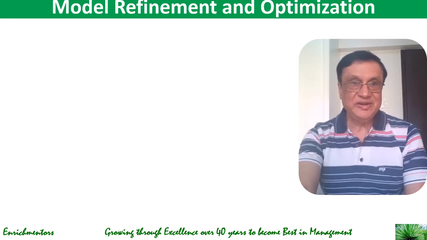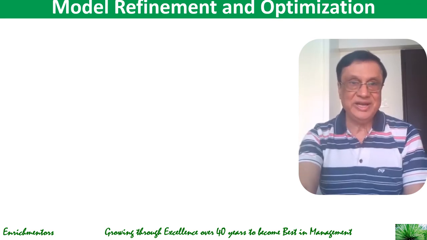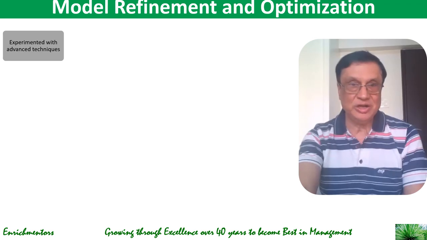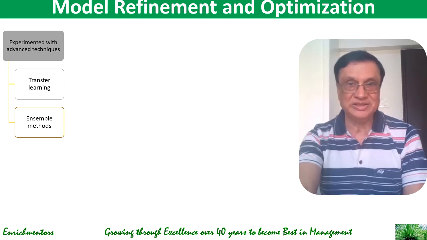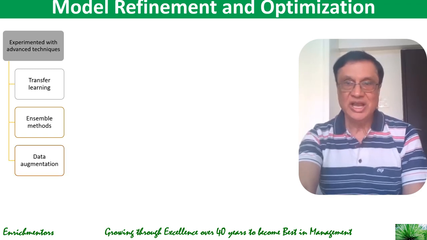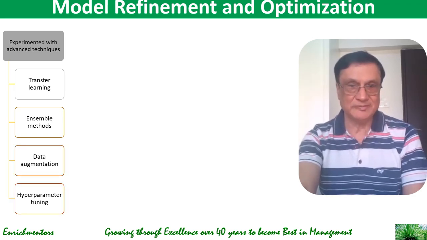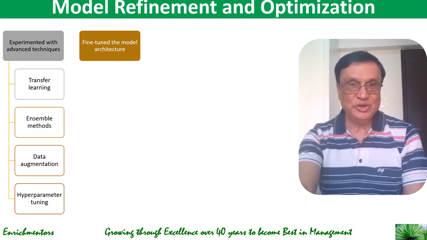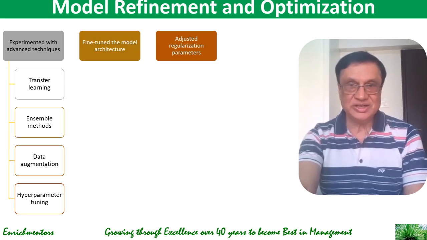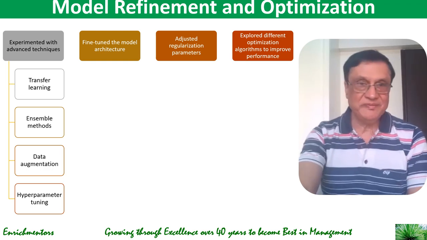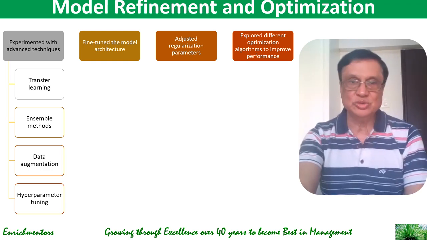Then they refined and optimized the selected model by experimenting with advanced techniques such as transfer learning, ensemble methods, data augmentation, and hyperparameter tuning. And they fine-tuned the model architecture, adjusted the regularization parameter, and explored different optimization algorithms to improve performance.